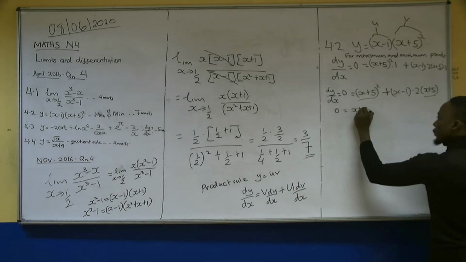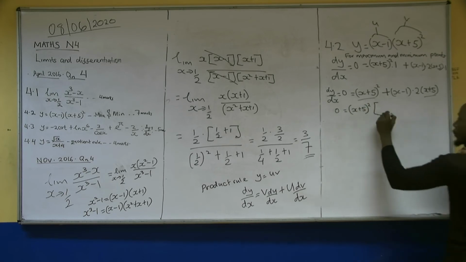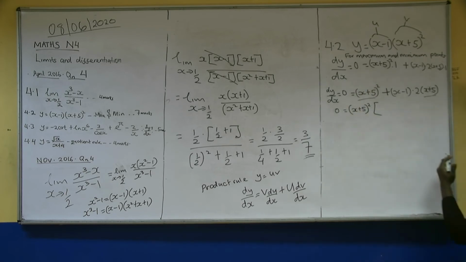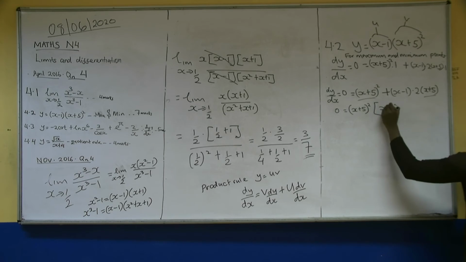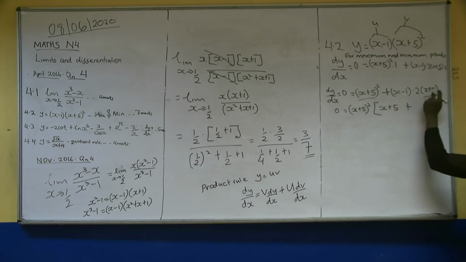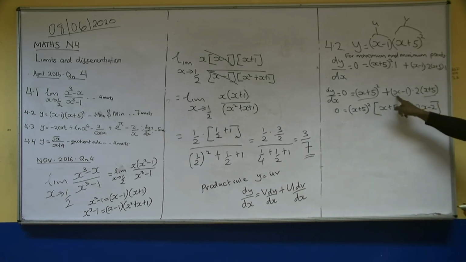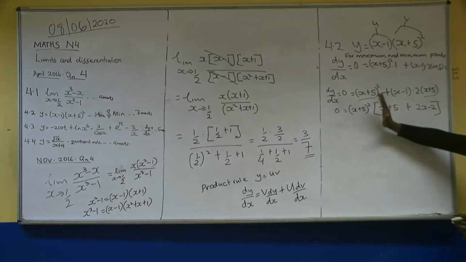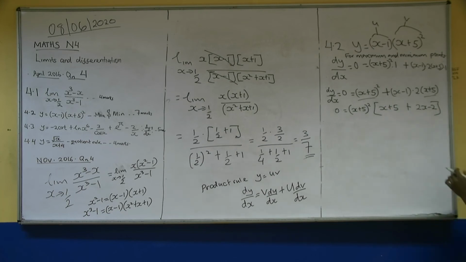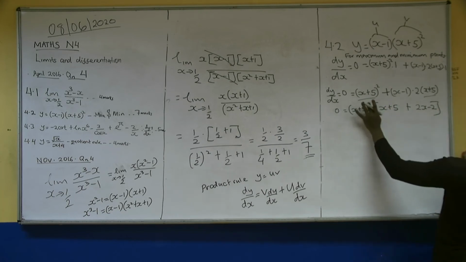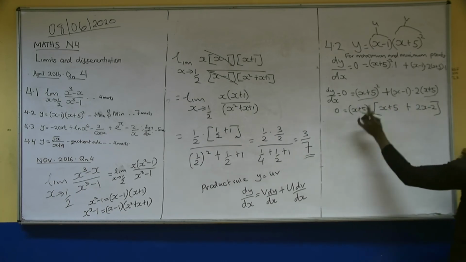So we get 0 is equal to (x plus 5), which we take outside because it occurs on both sides. Here we remain with x plus 5 plus 2 into (x minus 1). 2 multiplies here, so we get 2x minus 2. This one was taken because it appears on the right and left hand side, so it is not squared.